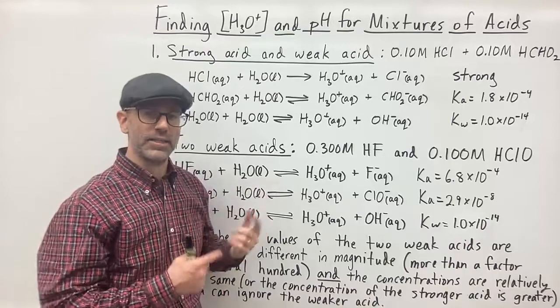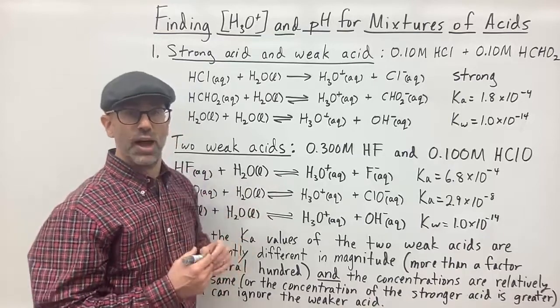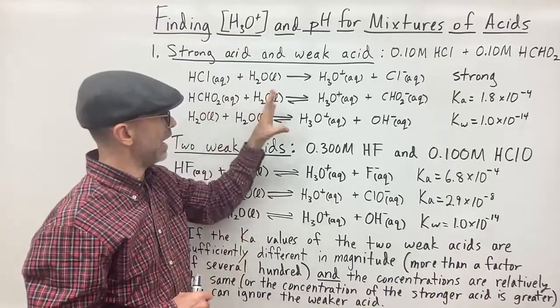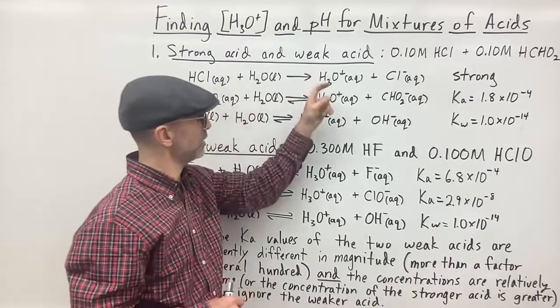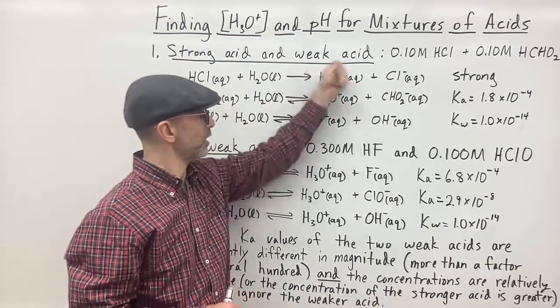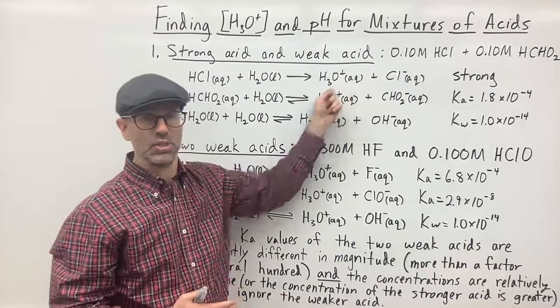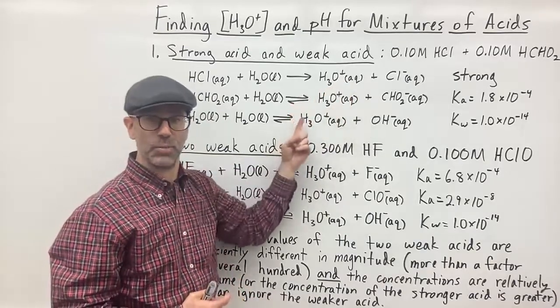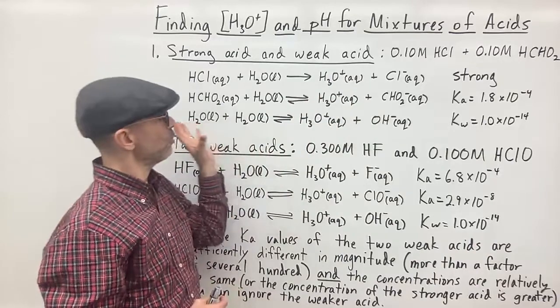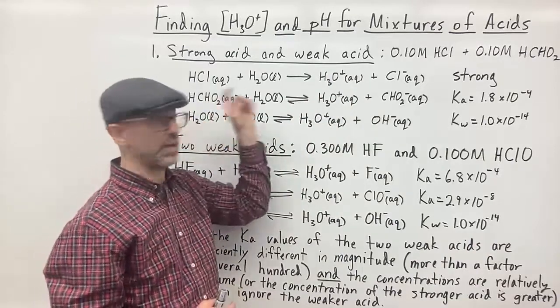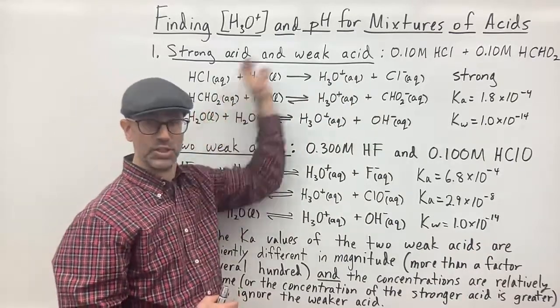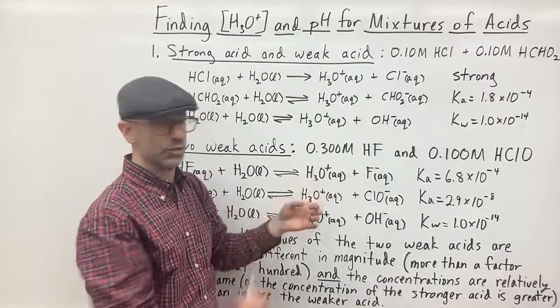If we go back to Le Chatelier's principle, remember that the strong acid is dissociating completely, so it's dumping a whole bunch of H plus ions into the solution. What is that going to do to the equilibrium? We're taking H plus and dumping it into our solution.